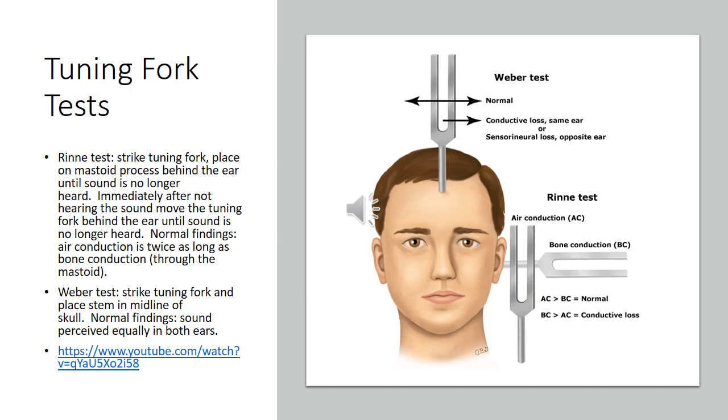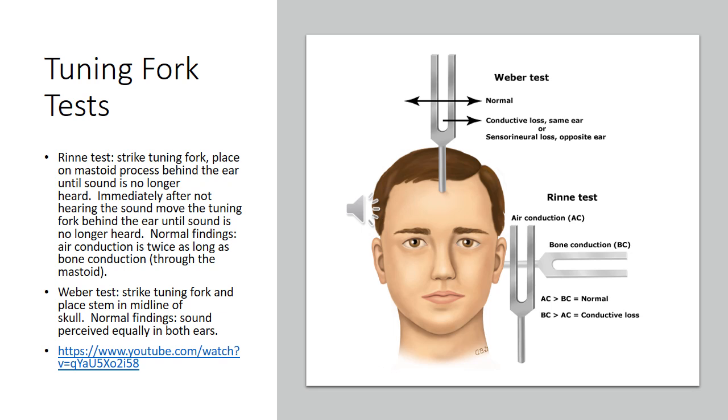Another way that we assess the ear is by using a tuning fork test. So we do what's called a Rinne test. The Rinne test is when you strike the tuning fork and place it on the mastoid process behind the ear until the sound is no longer heard. Immediately after not hearing this sound, move the tuning fork in front of the ear until the sound is no longer heard.